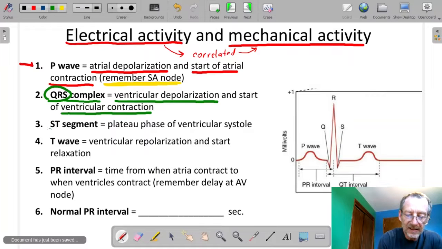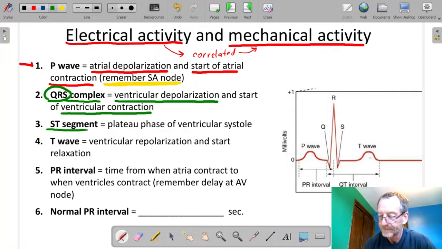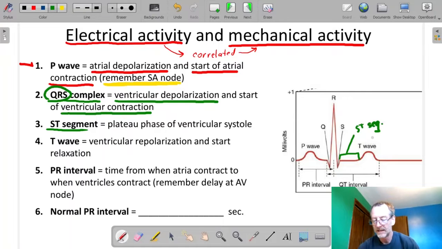And the ST segment, from S to T, ST segment, what is going on there? That is the period of the plateau phase, when the ventricles are contracted. So the line is flat on the EKG. This ST segment is generally more or less flat. The ventricles are depolarized. They're holding it. That's that long plateau phase.